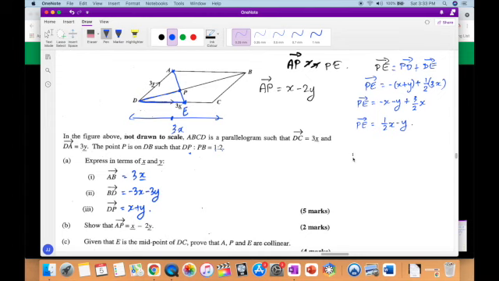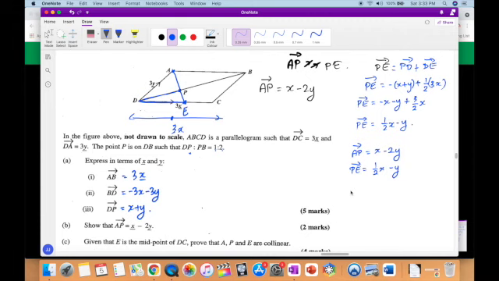So therefore, AP is equal to x minus 2y. PE is equal to a half x minus y. So we could see here that they do look like scalar multiples of each other, right?